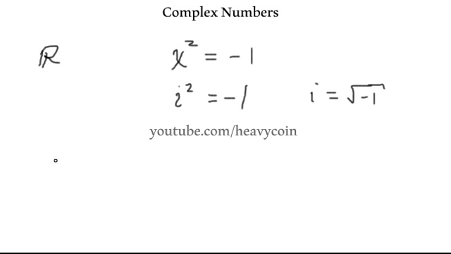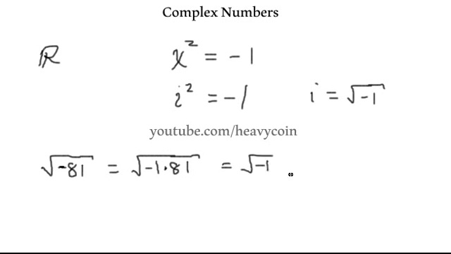So here's an example. The square root of -81. Well, there isn't a negative real number that we can square root. But I can break this up. This can be considered to be -1 times 81. And of course, we can break this up as the square root of -1 times the square root of 81.